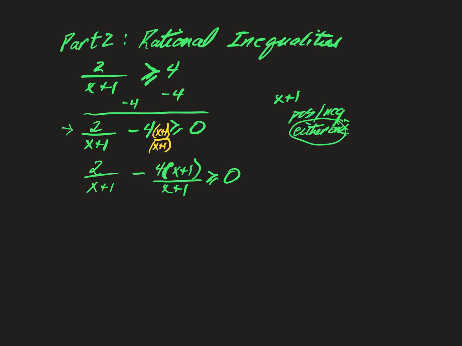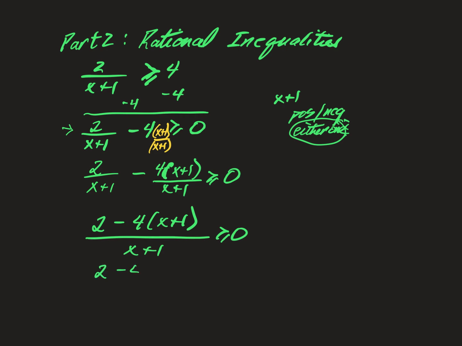Okay, we now have a common denominator. When our denominator is common, we can add or subtract the numerators. So the numerator is 2 minus 4 times x plus 1 over x plus 1. Now, being very specific, not doing anything with this negative sign until I get everything all together in one fraction.